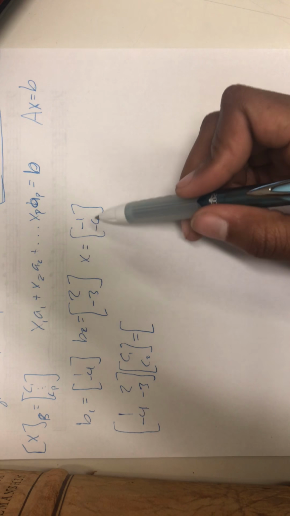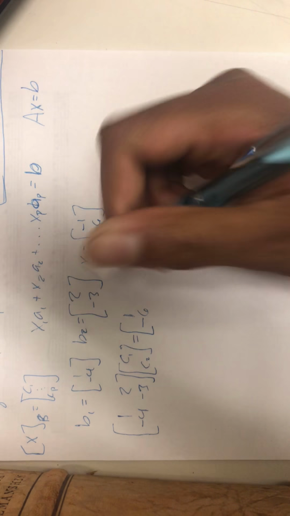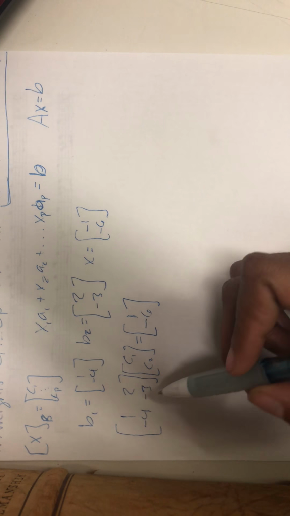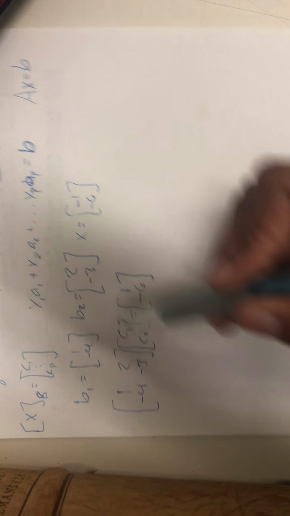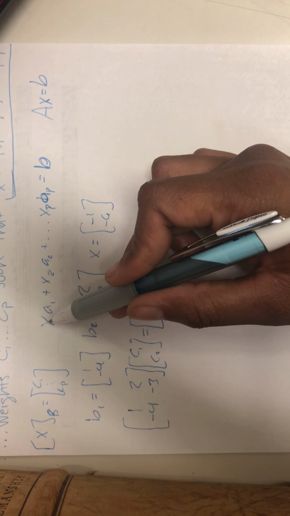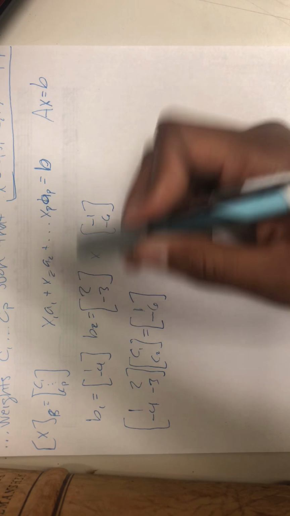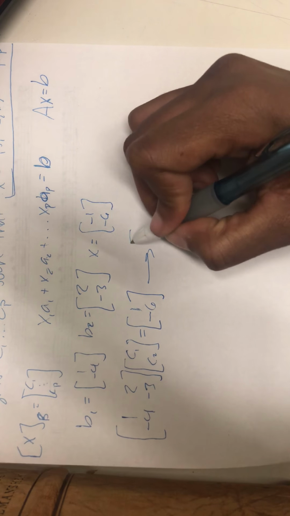So this x here is the 1, negative 6. And if you can remember, the way to solve for weights, or the way to solve for this x that we have done many times before, is to make this look like an augmented matrix. So let's do that.